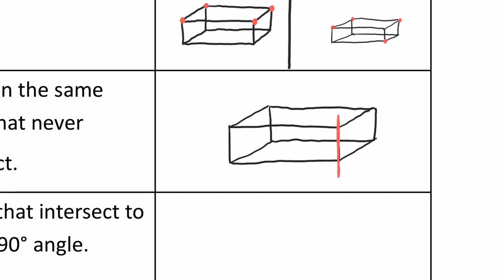Okay, so like this line right here, this line right here. Assume that is a true rectangular prism. Those lines are parallel right there.